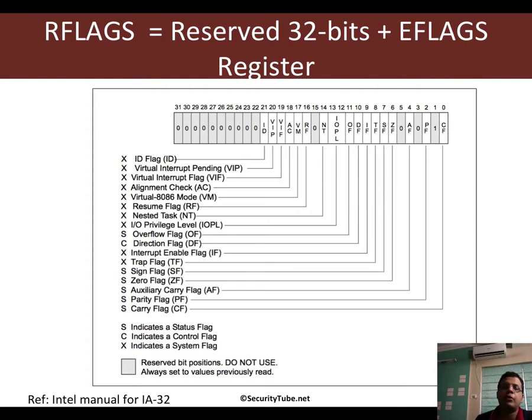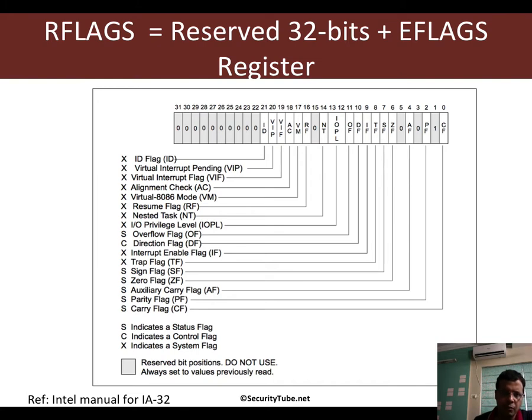Now we talked about general purpose registers. What about the flags which we saw in the CPU architecture diagram? Now, if you've come from a 32-bit background, you know that you have the EFLAGS register, which consists of multiple flags such as trap, sign, zero, and so on, and we'll take these up as and when appropriate in the course.